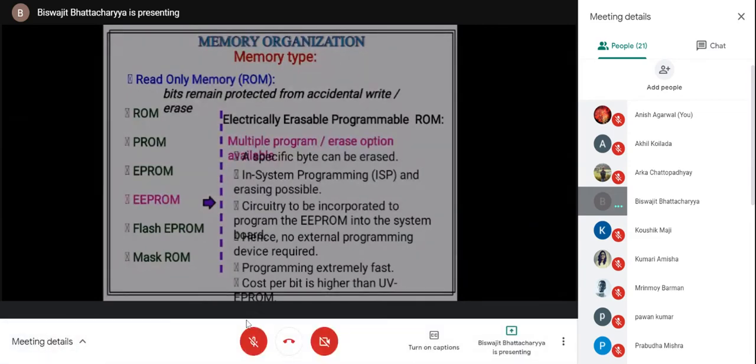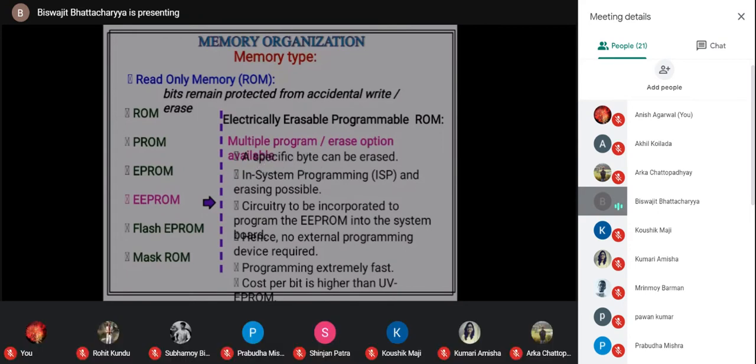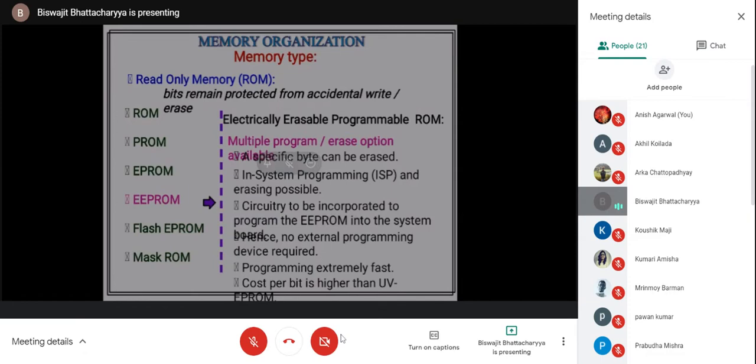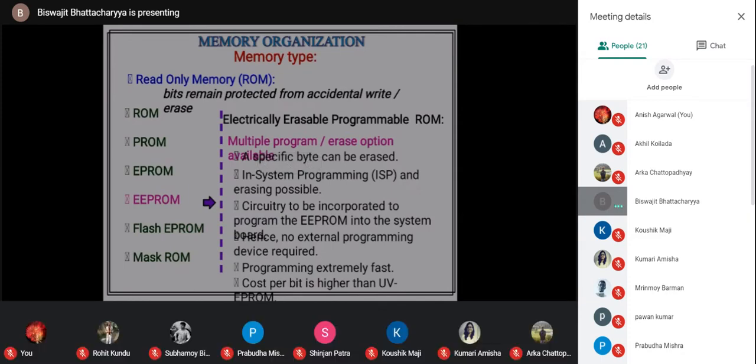In electrically erasable programmable ROM, a required voltage needs to be applied and the content will be erased. Multiple write cycles are possible here; multiple erasing or writing of a program is possible.